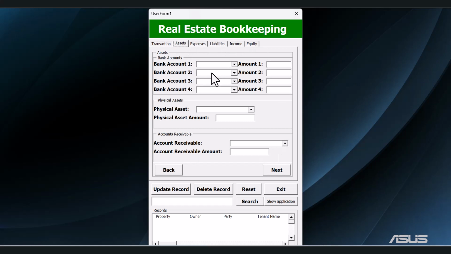Under the asset tab, you may recall, the asset category in bookkeeping is basically what holds all the value that the business has. And typically it starts with bank accounts. These are liquid assets that the business owns, and so you see a bunch of bank account entries here. You might also have physical assets, things like the buildings themselves.